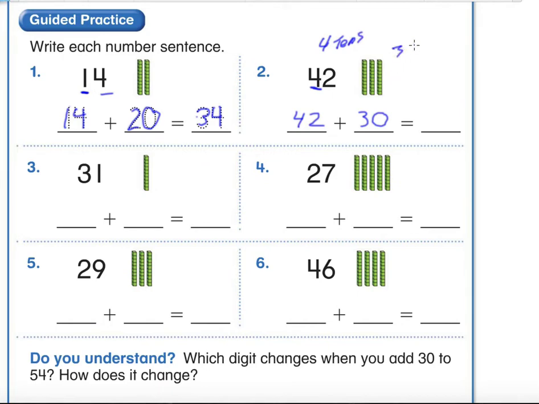And then over here I have 3 tens. And now what's 4 plus 3? It's 7. 4, 5, 6, 7. And then I can just add that 2 over.